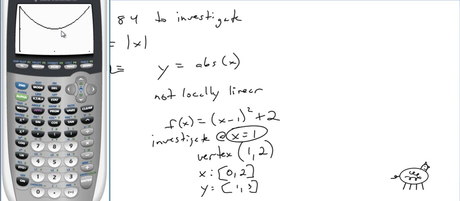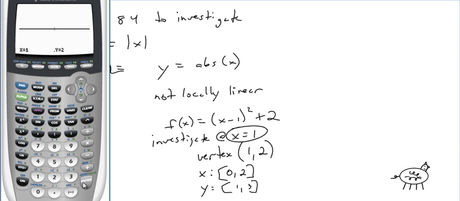There's our vertex. So what I want to do is now I can zoom in. When I hit zoom in, so zoom 2, and hit enter, it's keeping my vertex right in there. But look what's going on, math fans. I'm zooming in on this parabola. Watch. Let's keep going. Oh, look at that. Oh man, it's a straight line. This happens to be a horizontal line because I'm looking right at the vertex.